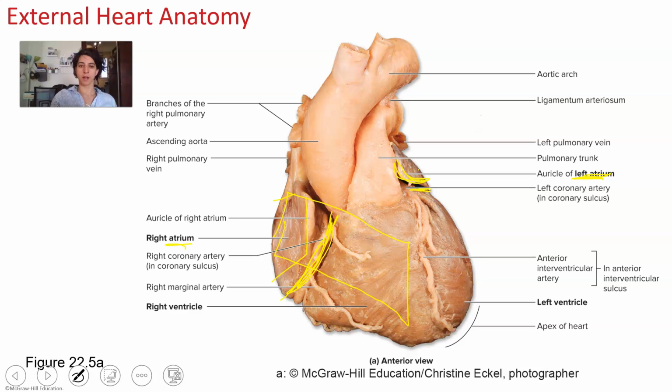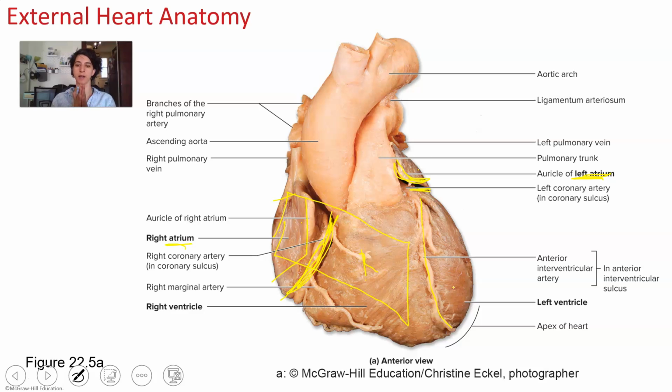Now that you've identified your right atrium and your right ventricle, you should be able to see these large structures here, right? You have arteries and veins delivering and draining blood in between the right ventricle and the left ventricle, and that is your interventricular sulcus, right? It means it's in between the ventricles. It is a groove. We heard this word sulcus when we talked about the brain.